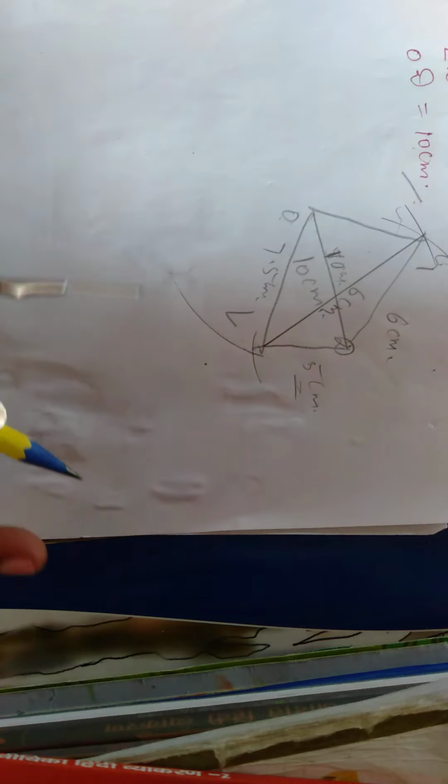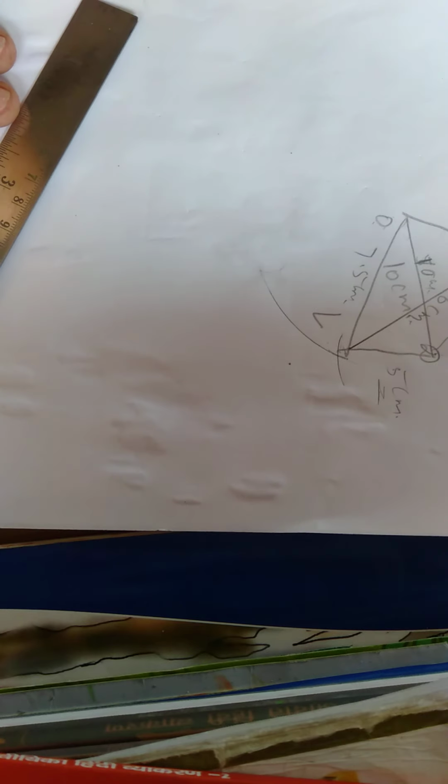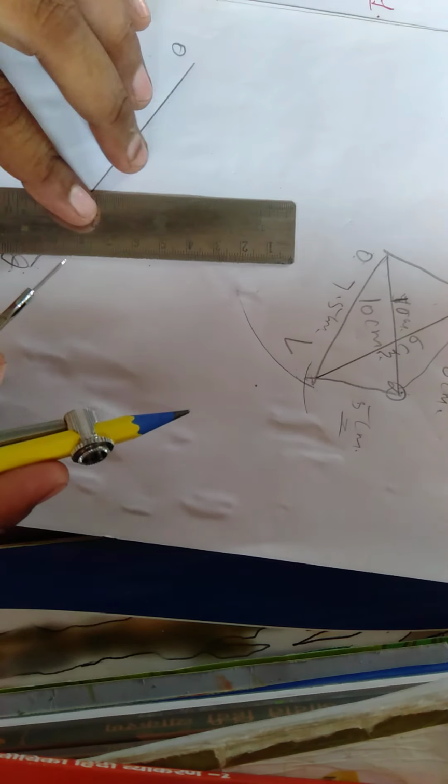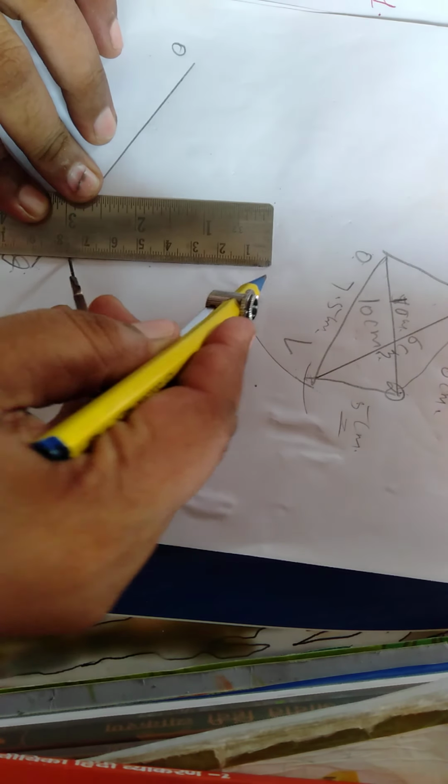At first we will take 10 centimeter as the base. So I am taking here 10 centimeter as the base for this quadrilateral. So this is the base, 10 centimeter. Okay, and name it OD. Now let us open the compass, 7.5 centimeter, right?